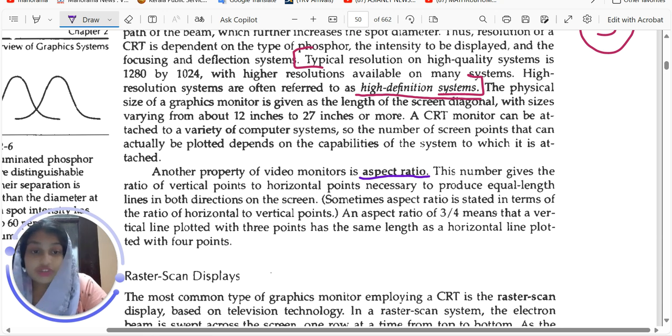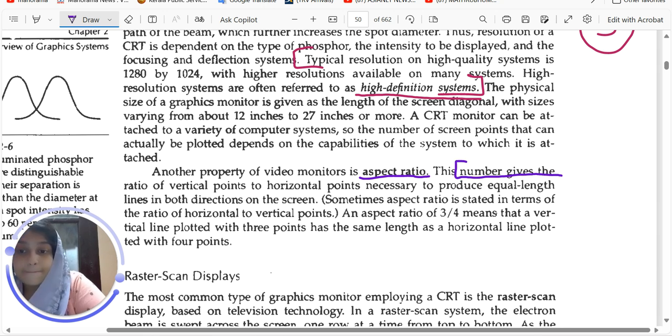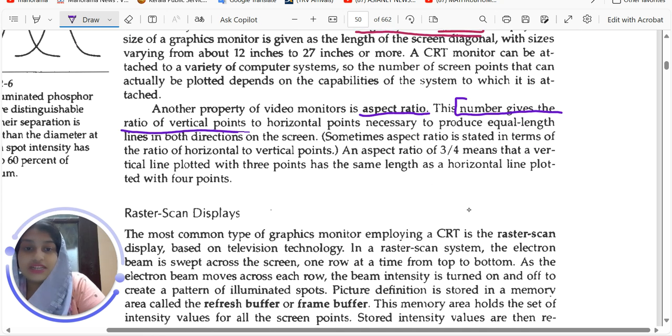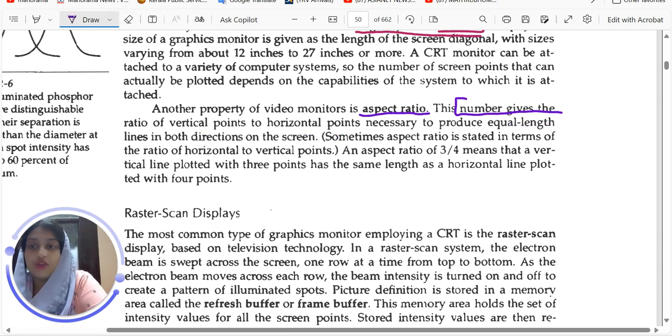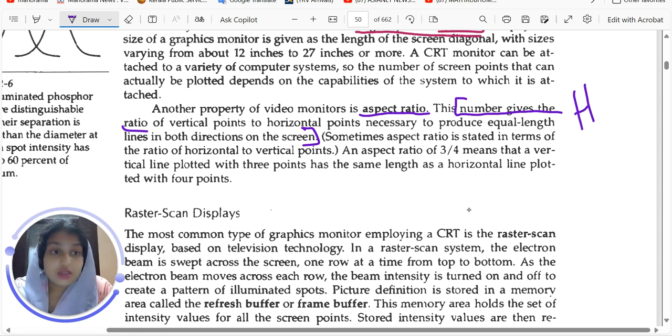Sometimes we can also define aspect ratio in terms of the ratio of horizontal to vertical points.